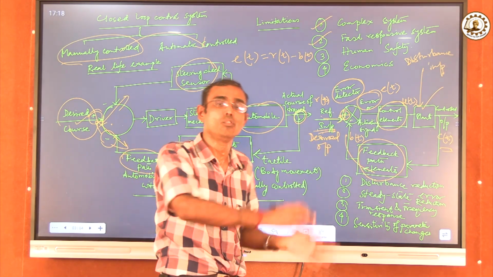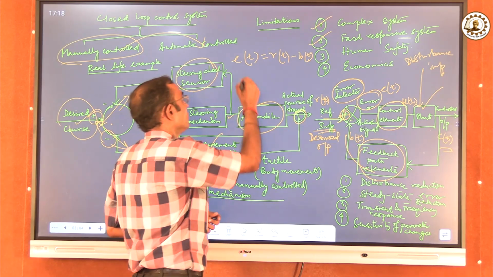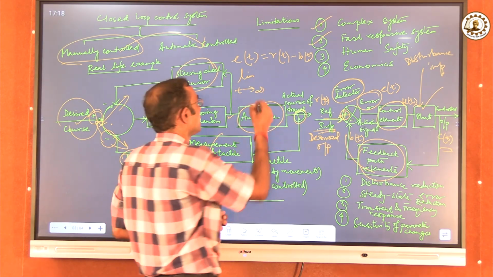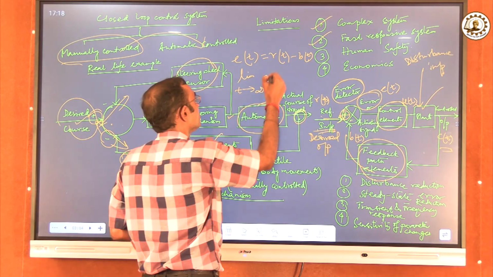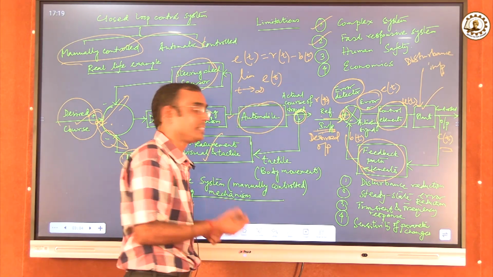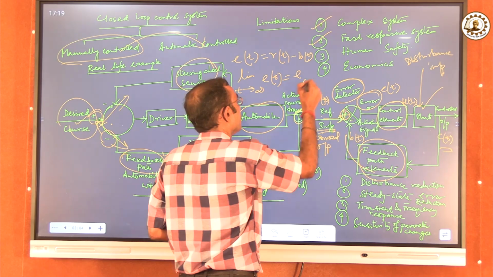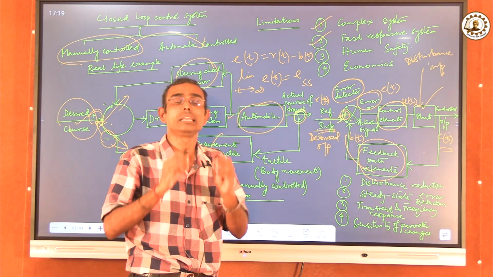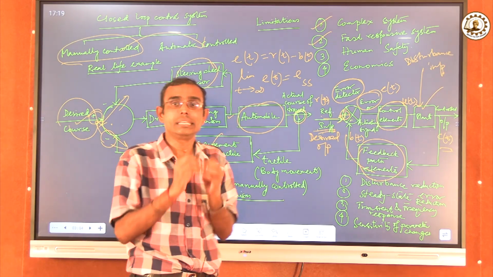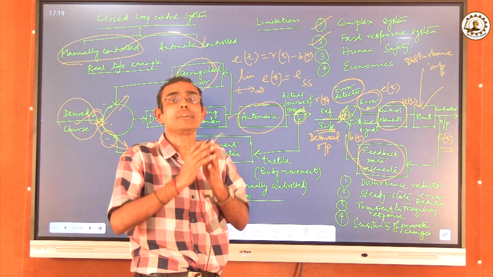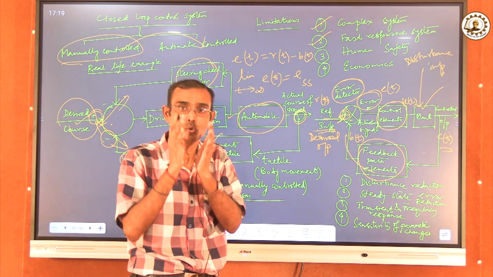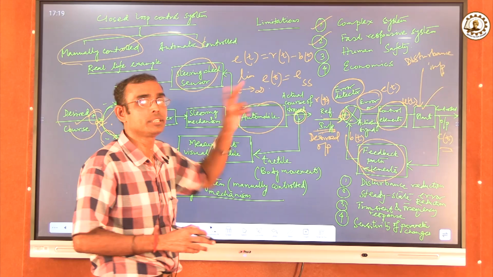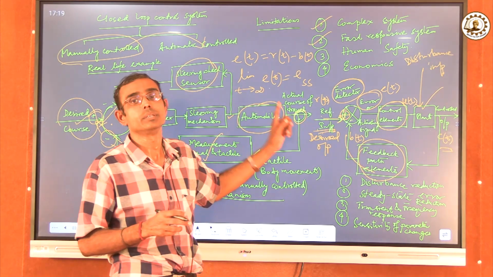As time moves on, if we let time go up to infinity and check at that point what the value of E of t is, that gives us the value of error called the steady state error. So steady state error means when t, time, tends to infinity, a very large value, we observe how much error is there in the system.